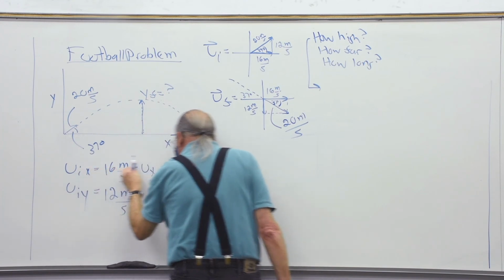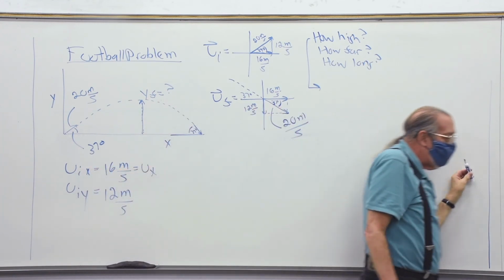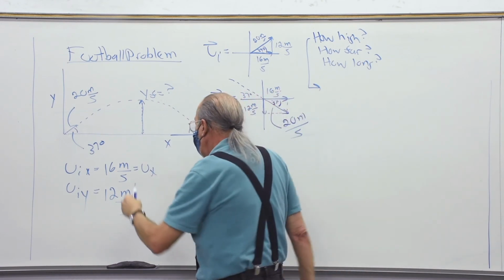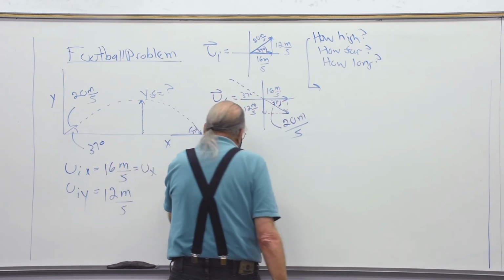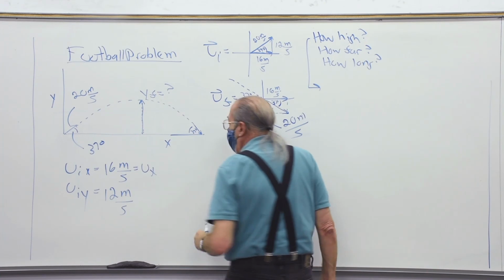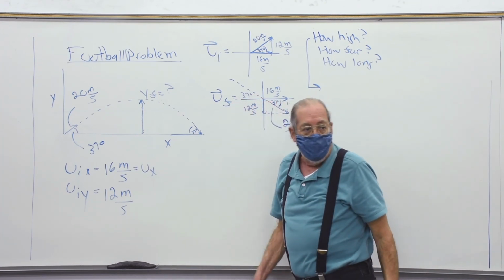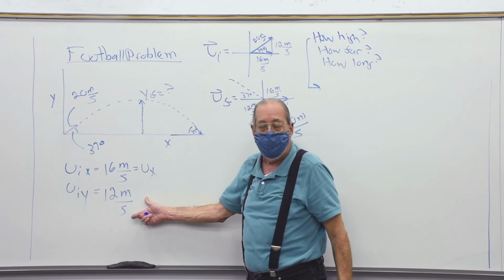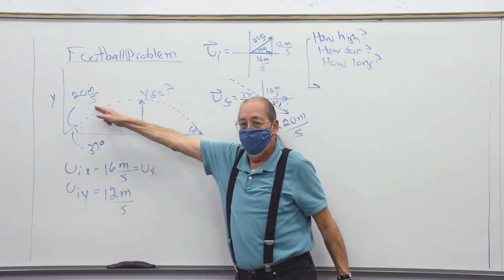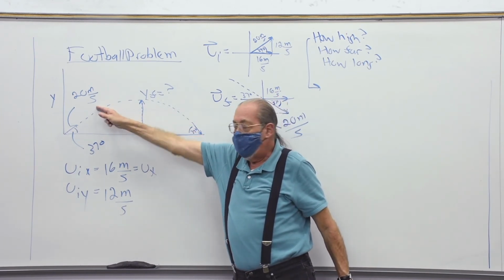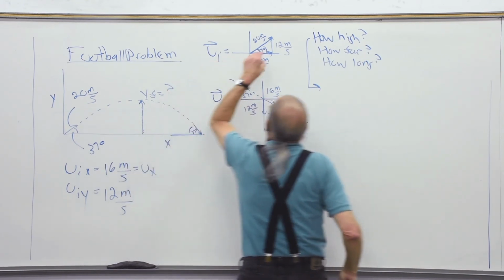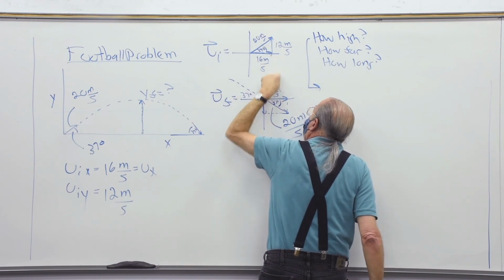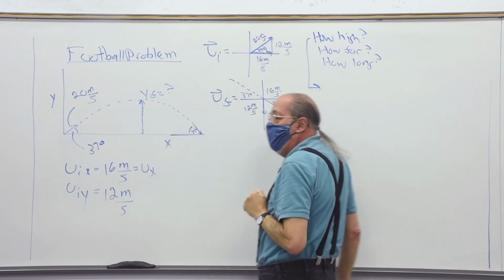The horizontal motion does not change the situation. The fact that it's moving 16 meters a second sideways does not affect the vertical motion. But initially, it's going 12 meters per second vertically, not 20. Vertically, it's this part. This is the part that affects the vertical motion. It's going upwards initially at 12 meters a second.